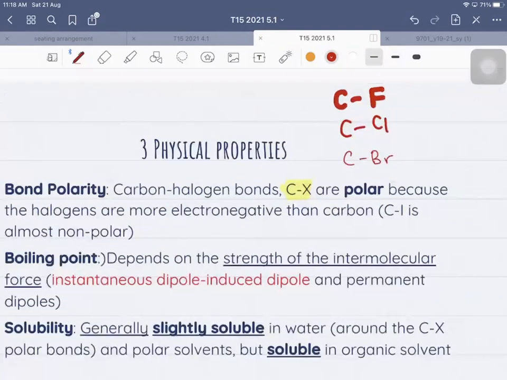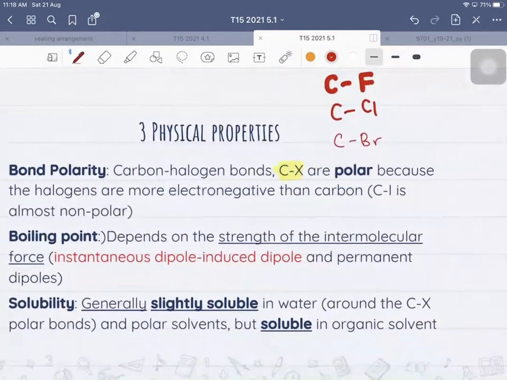Okay, and if we talk about polarity, we go back to the idea of electronegativity. We know that fluorine is the most electronegative element in the periodic table. That gives fluorine the slightly negative charge, delta minus, okay? And your carbon will be delta plus.